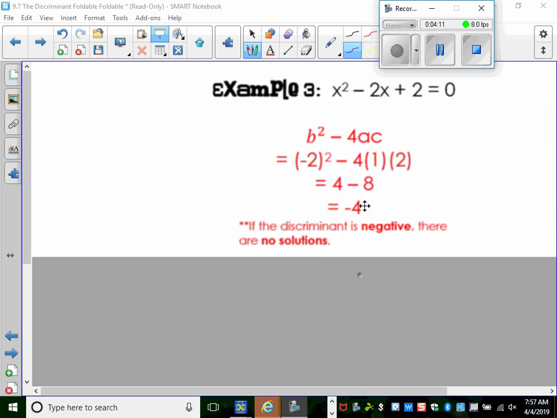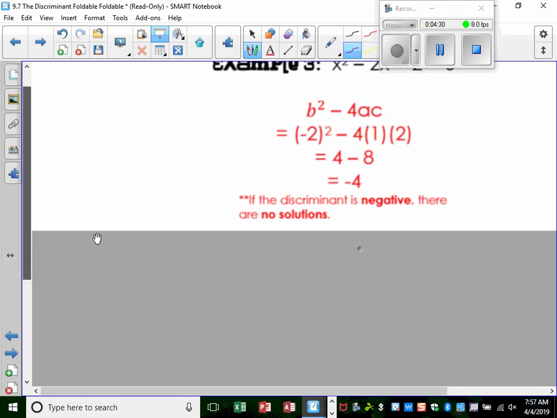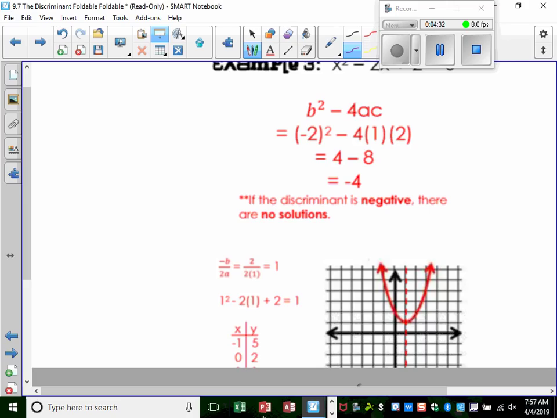So this would be an example of no solution because your discriminant is negative. So that means you would not have to continue using the quadratic formula to find them because you will not have any x-intercepts. And then I'm going to show you what a graph would look like.